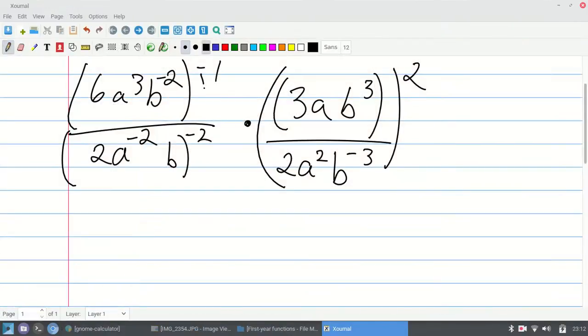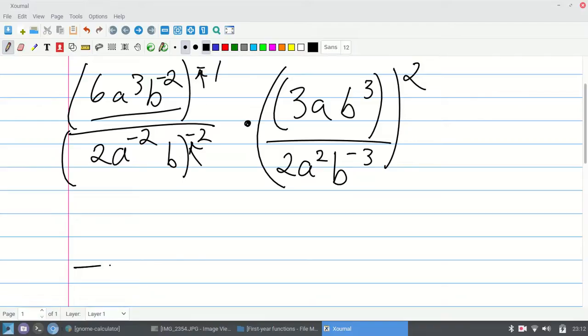Now what these negatives do is they tell me that I can flip them. So I can bring this whole term down and switch that sign to a positive 1. That's one way to do it. And there's another way where I literally distribute that negative 1 to each exponent. So here I'm just going to flip everything.